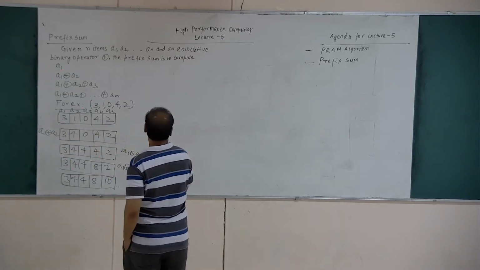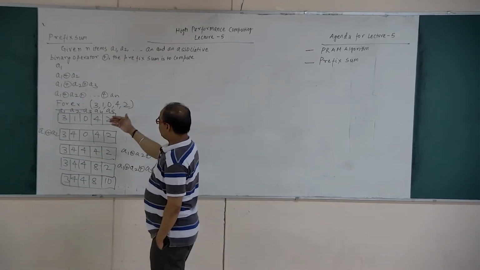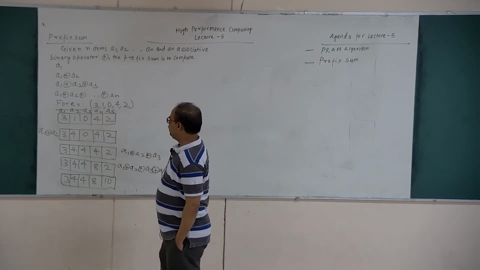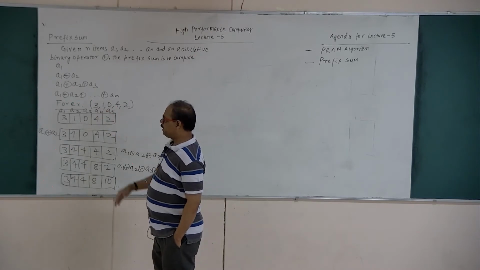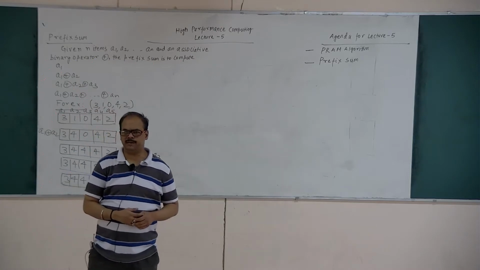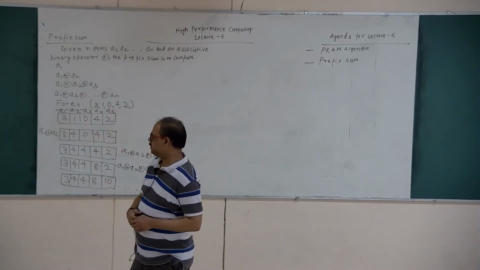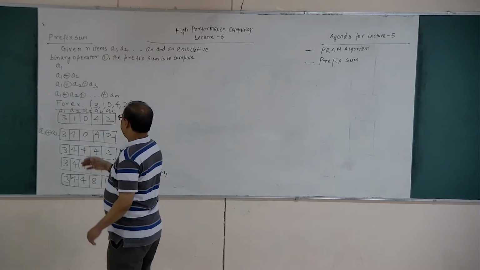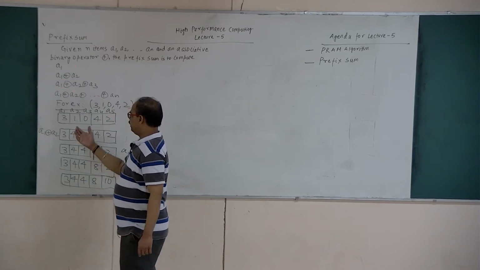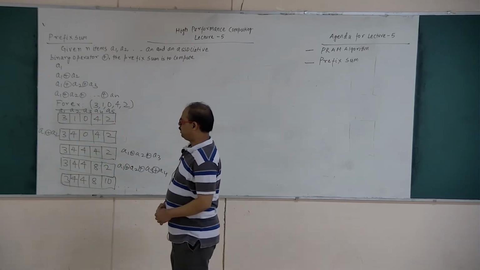For example, suppose I want to add these 5 numbers. You can also take it as an example of the Fibonacci series, but it is different from the Fibonacci series. Suppose we want to add these 5 numbers: 3, 1, 0, 4, 2, and initially these numbers are stored in the shared global memory.